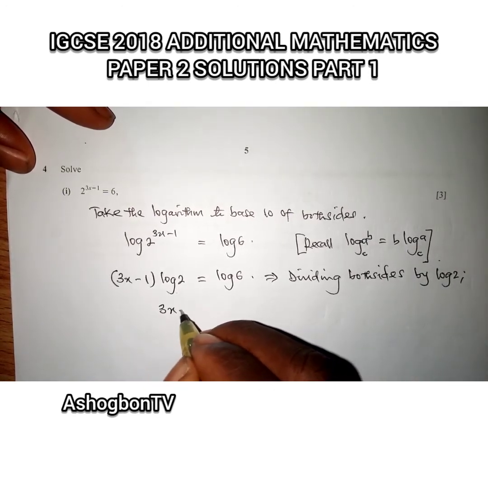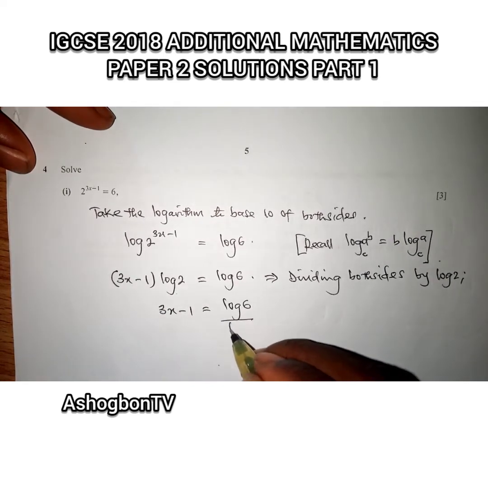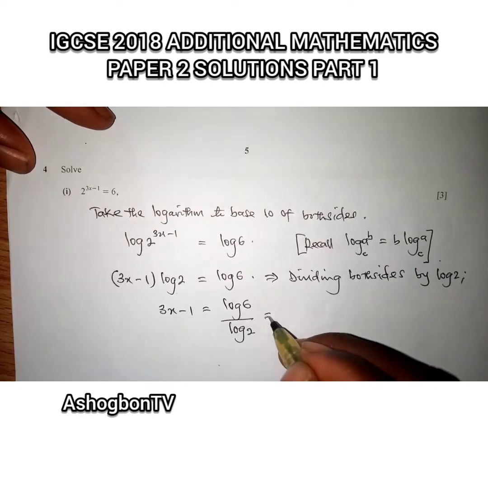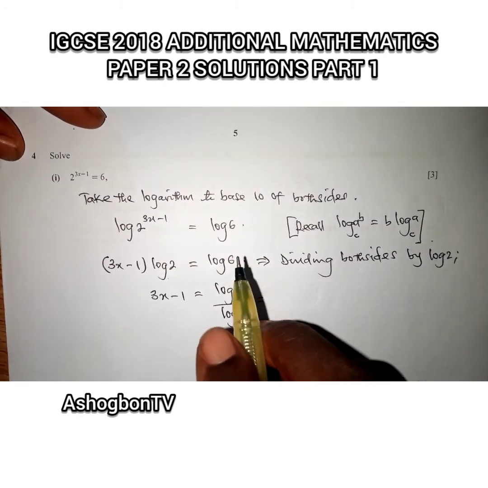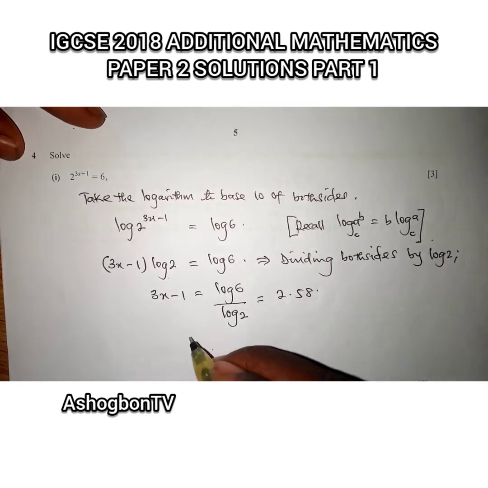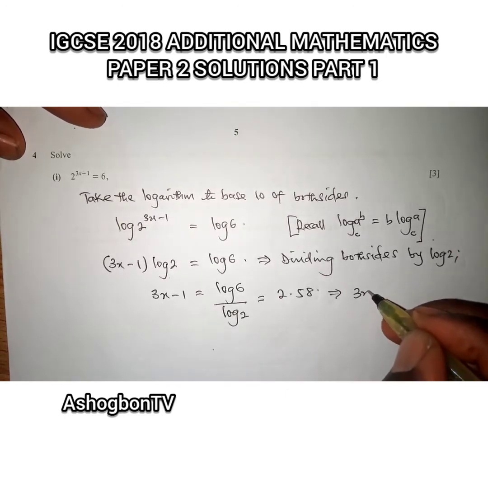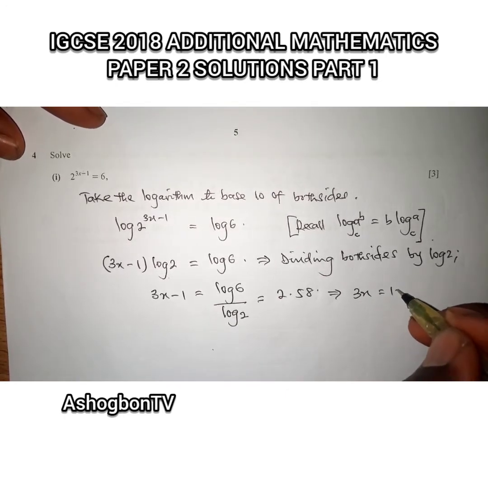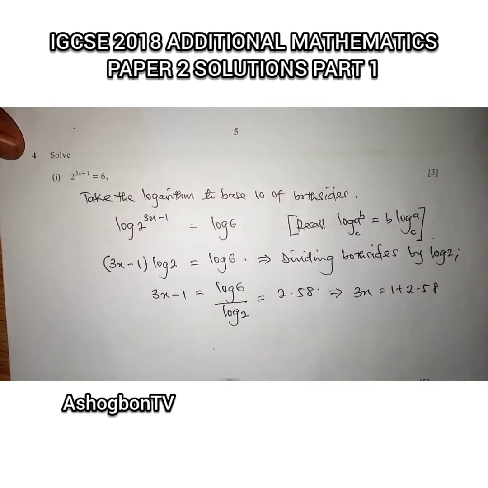I'm going to have 3x minus 1 equal to log 6 over log 2. And all you have to do here is punch your calculator, and if you do that very well, you will get 2.58. So let's try and make x the subject of formula. 3x will be equal to 1 plus 2.58, and of course that gives 3.58, isn't it?